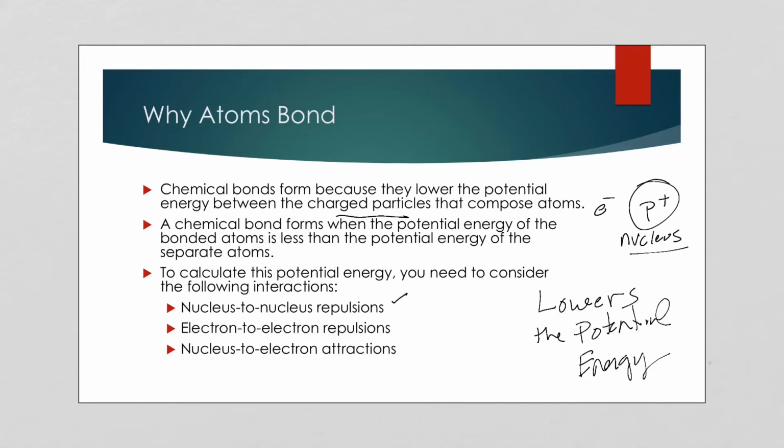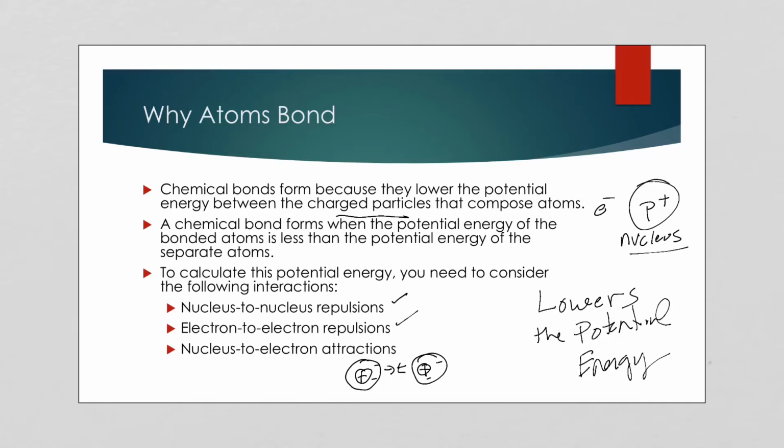As atoms come closer together, if we visualize atoms as positively charged nuclei surrounded by some negatively charged electrons, as these atoms approach each other, those positive nuclei start to get closer and closer together. Ultimately, if they get too close, they will start to repel each other. So we're going to have to deal with repulsions.